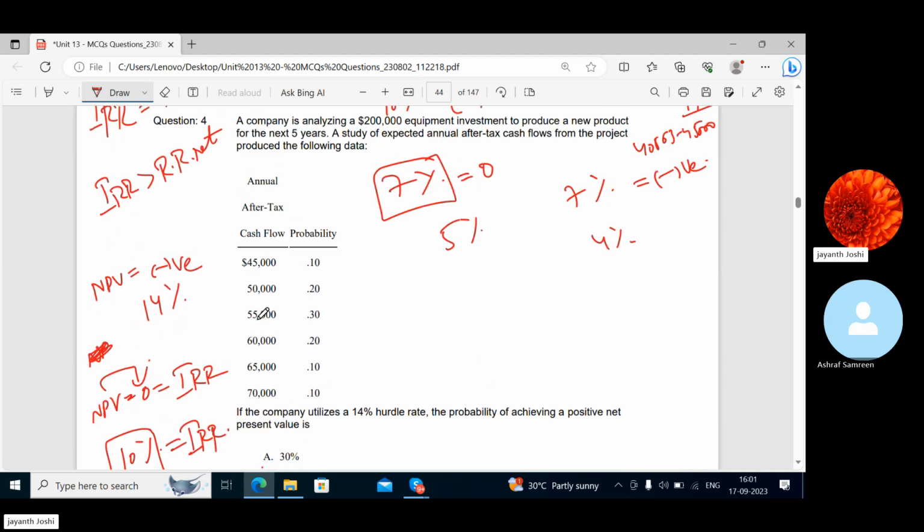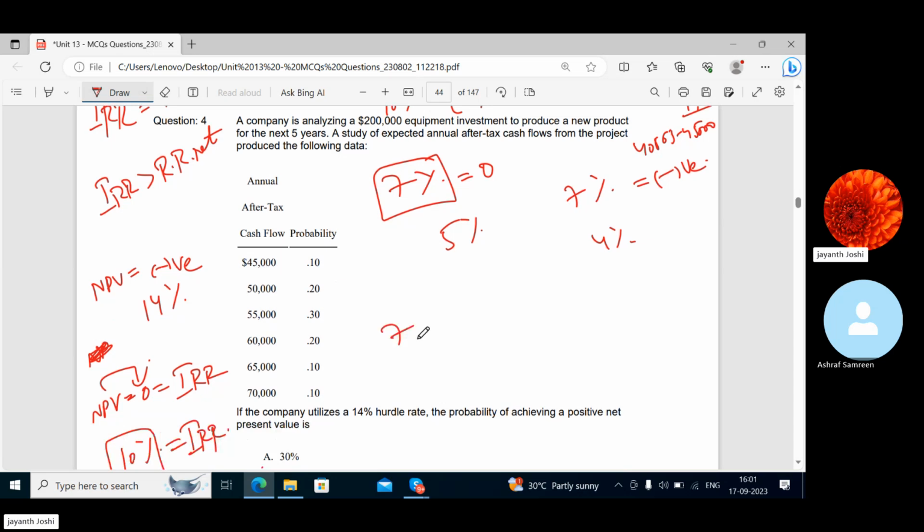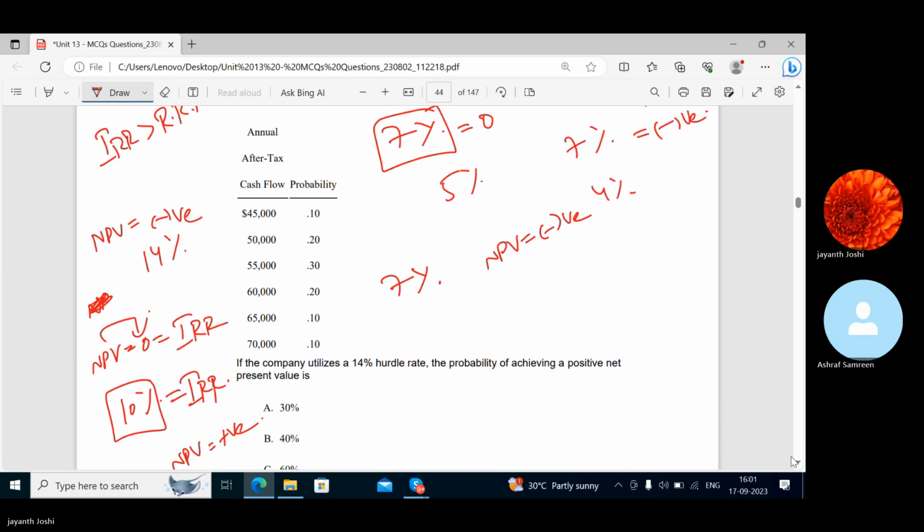Like in this question, at 7%, NPV is negative, right? So will you select a project whereby your NPV is negative? Never, right?